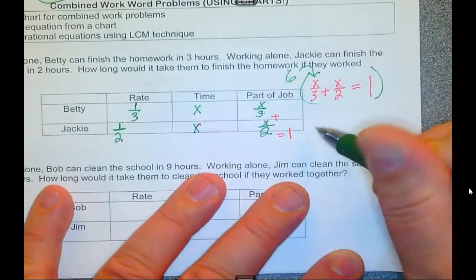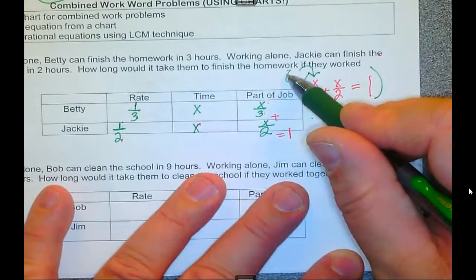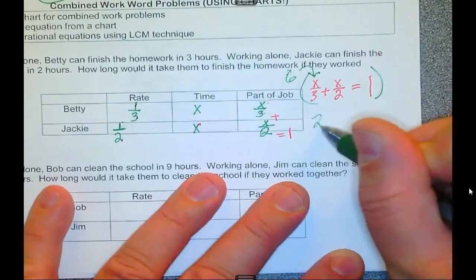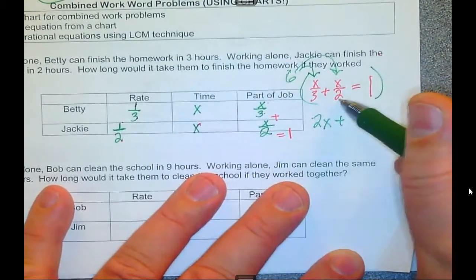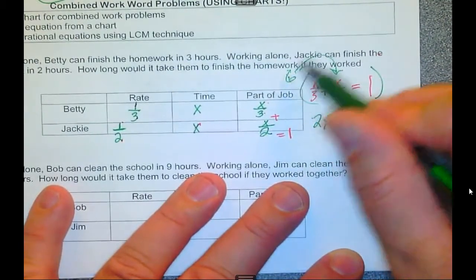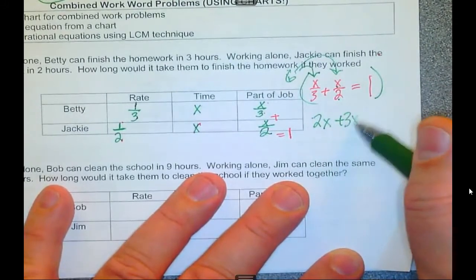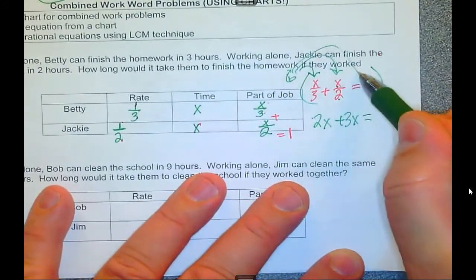6 times x over 3. Well, 3 goes into 6 twice. 2 times x is 2x. 6, let's see, 2 goes into 6 3 times. 3 times x is 3x. Please don't forget to multiply the 1 by 6.